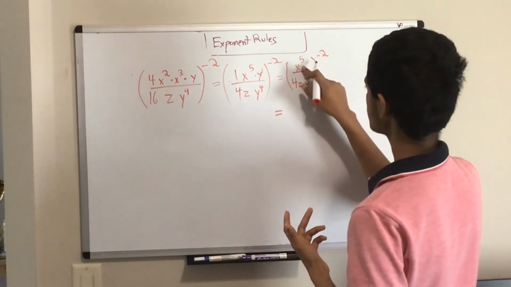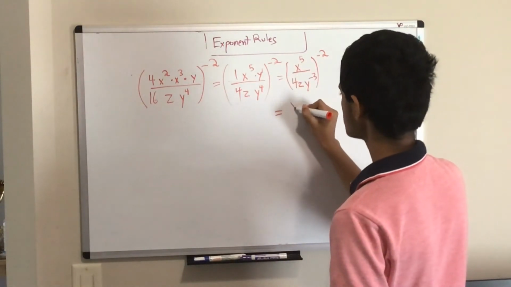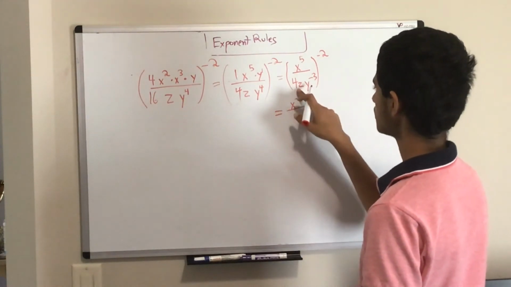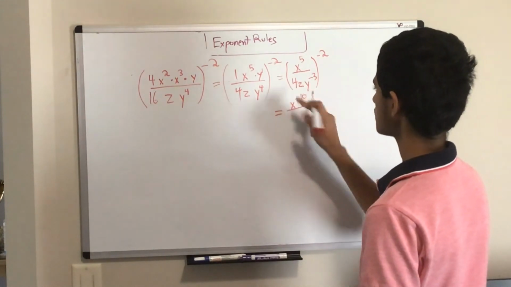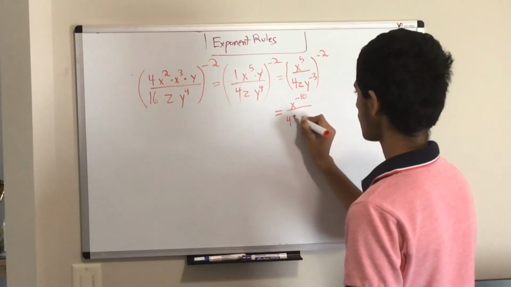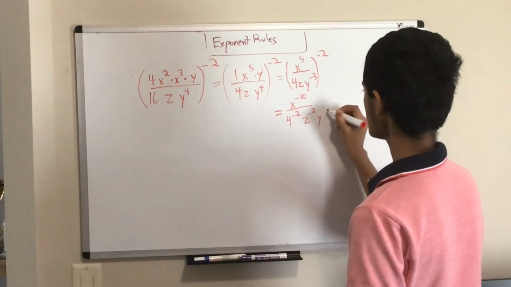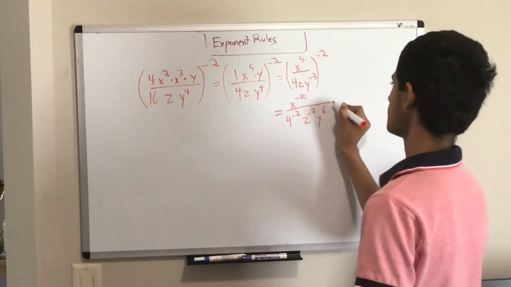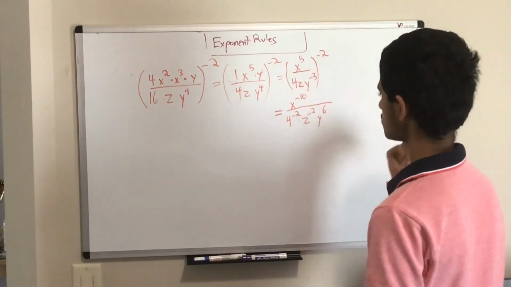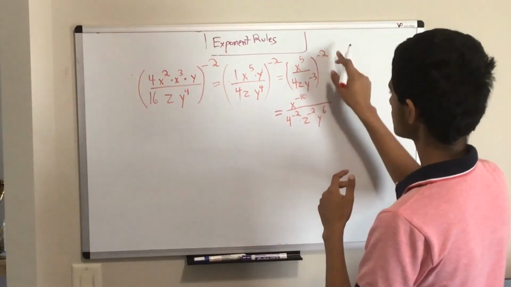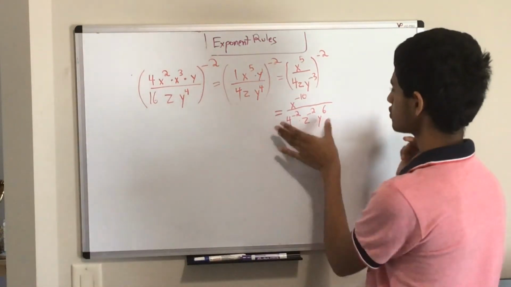When we distribute the -2 to x to the power of 5, that becomes x to the power of -10 over 4 to the power of -2 times z to the power of -2 times y to the power of 6, because the negatives cancel each other out. Now we're done with the parentheses and the exponent over here, so we can just focus on the inside.